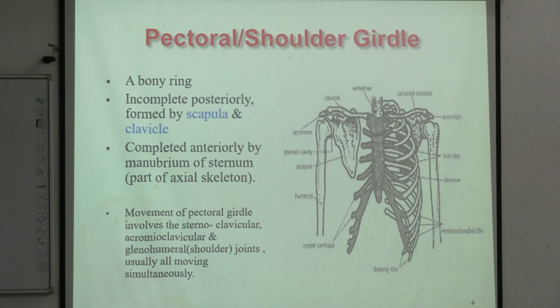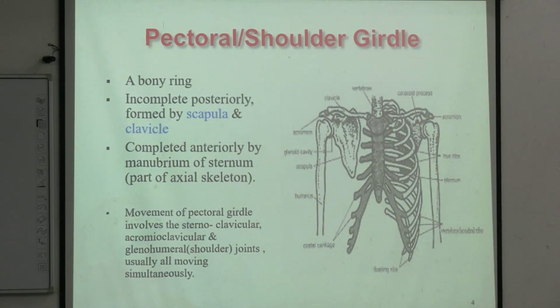Now, in this shoulder region, if you are going to talk about any movement, largely it is happening over the glenohumeral joint. That means a part of the shoulder joint, the humerus with the glenoid cavity of the scapula, we call the glenohumeral joint. So, this joint principally moves. Along with this movement, the clavicle also has some movement, and this clavicle joins the sternum on the medial side and the acromial process on the lateral side.